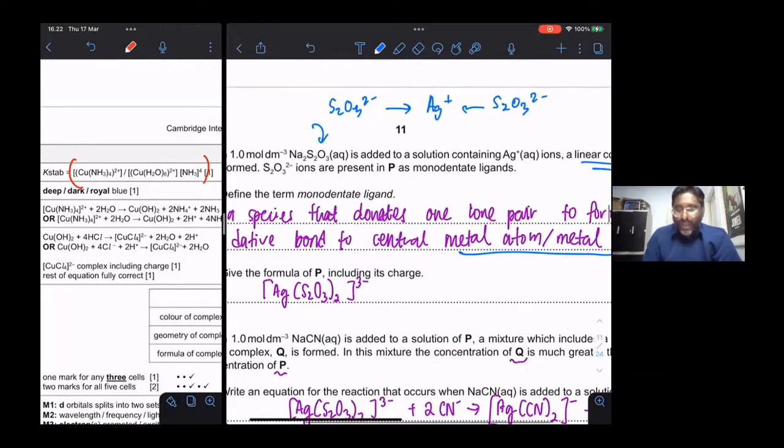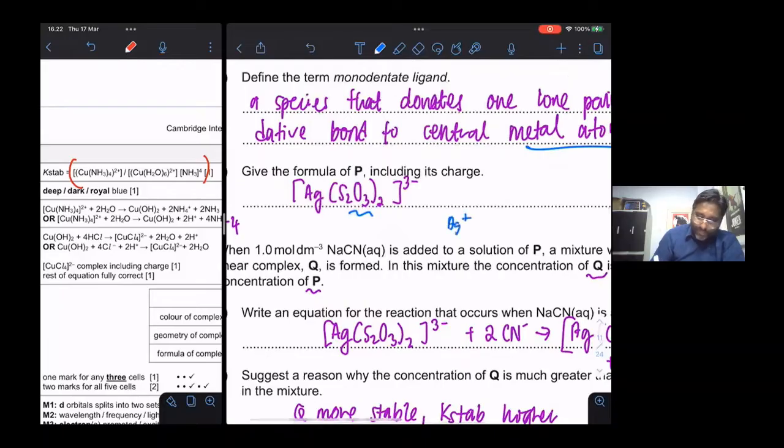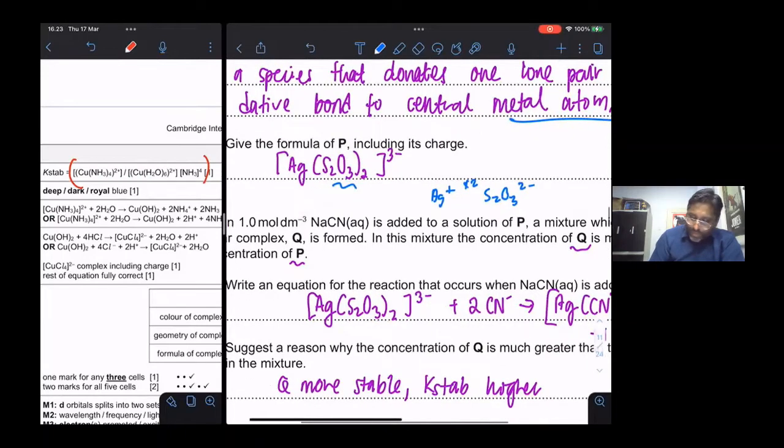Just now I told you 180 degrees, so you must have 2 ligands. If not, you are not going to get a linear complex. So you will have Ag, and S2O3, then you put 2. Don't go and put Ag+, S2O3 2-, or times 2 to have Ag2S2O3.